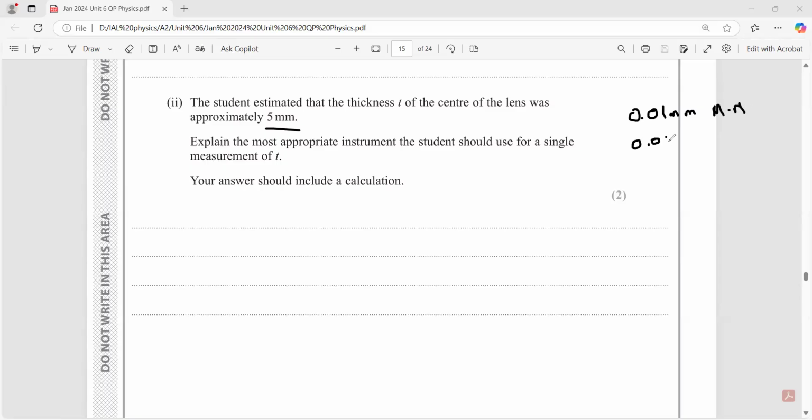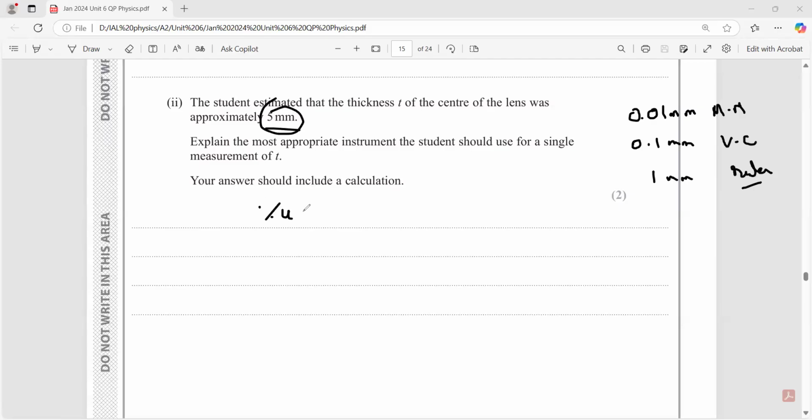A vernier caliper can measure 0.01 centimeter or 0.1 millimeter. That is a vernier caliper. And a meter rule or a scale can measure 1 millimeter, or a measuring tape. So if I want to measure 5 millimeter, I will prefer an instrument which can record a very small value.